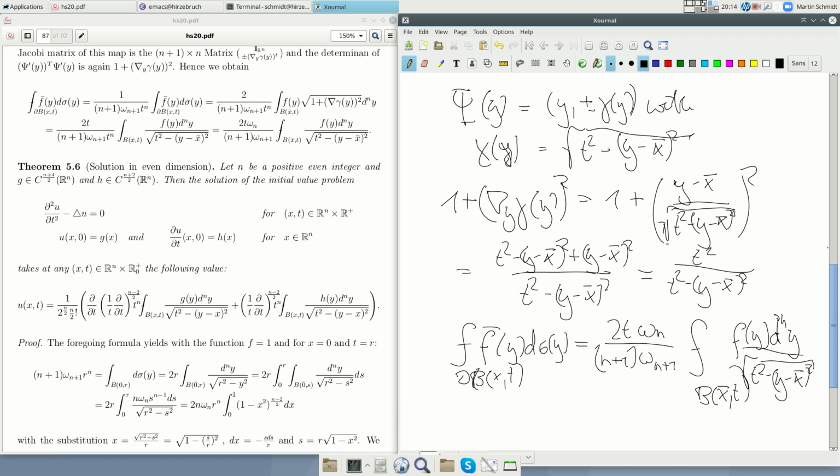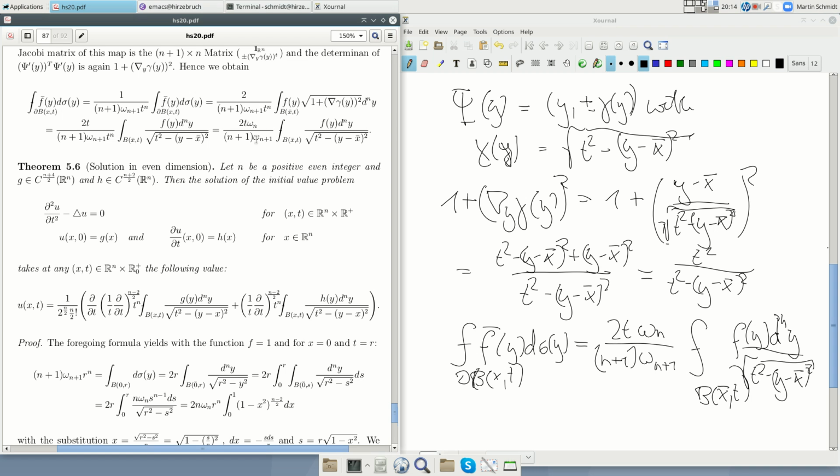Just by using our formulas for this integral. This is the 2t, and of course these are the differences of the means, so we have this formula. Now we can state the main formula for a solution in even dimensions.